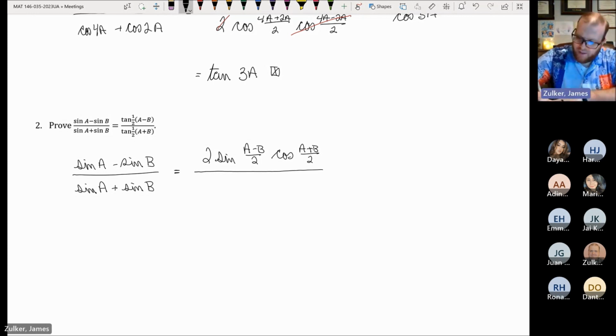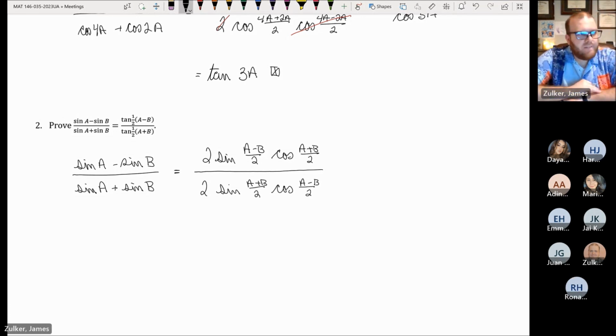For the denominator, we use the sum. Right, the 2's drop out.